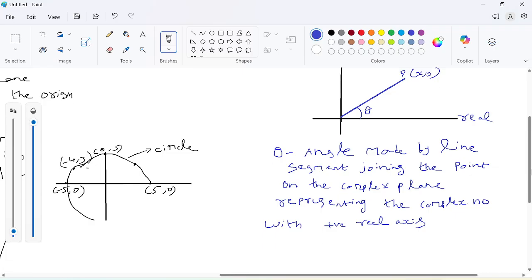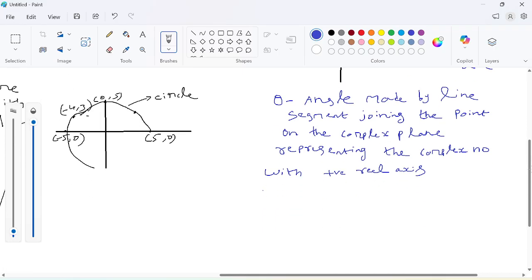And the argument of z is nothing but this, the argument of the complex number. So this is your argument of the complex number. Argument of z will be theta.